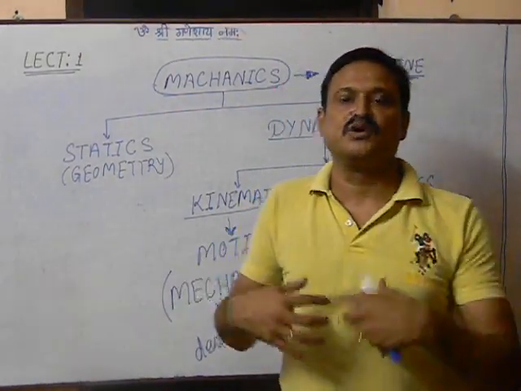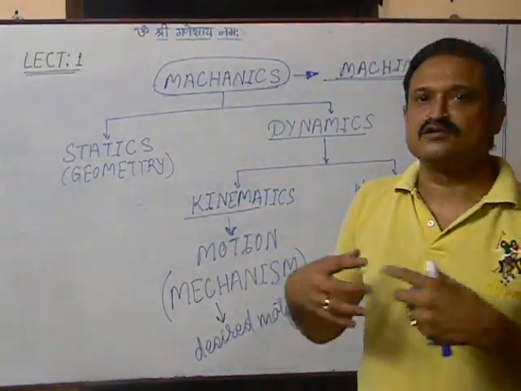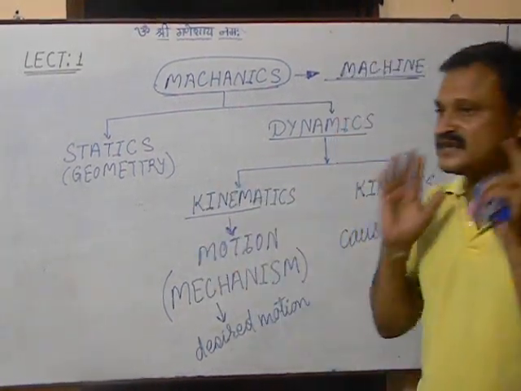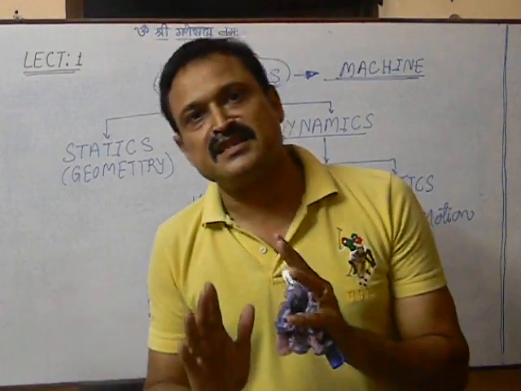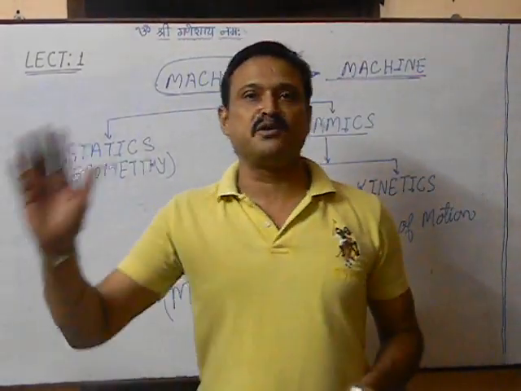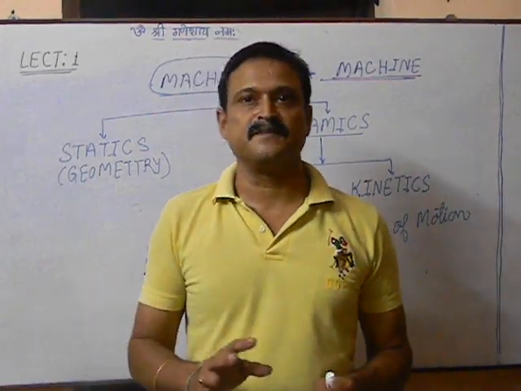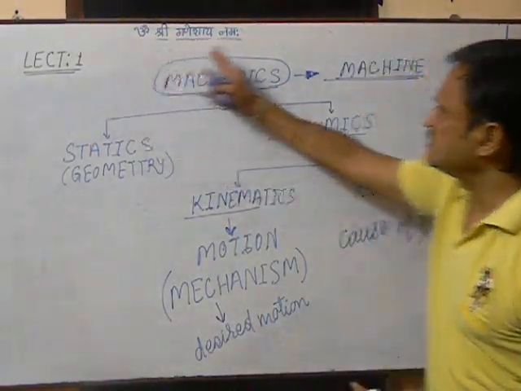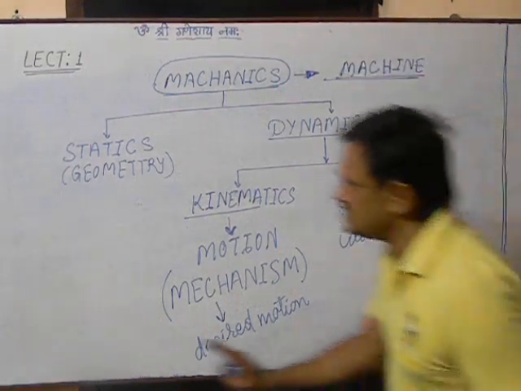These parameters are also involved. Whereas in kinematics, if I simply think about a mechanism, the mechanism is talking about only the motion aspect and not the cause of the motion, right?